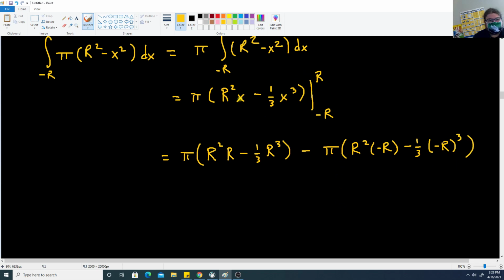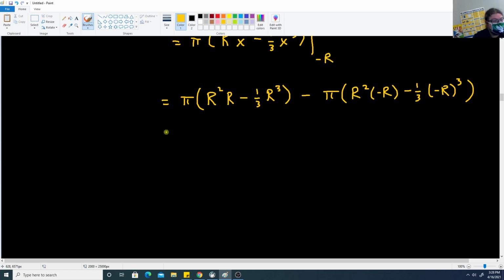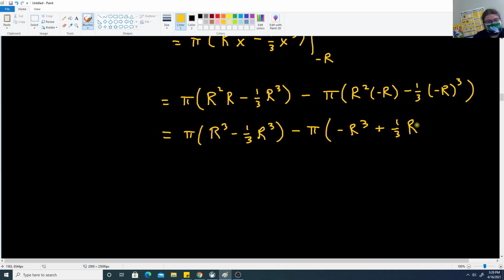You substitute positive R in for the x's, and subtract from it the lower limit substituted in for the x's. So let's see, what does this become? This becomes pi times R cubed minus 1/3 R cubed. And then this is minus pi times negative R cubed minus negative, so plus 1/3 R cubed.